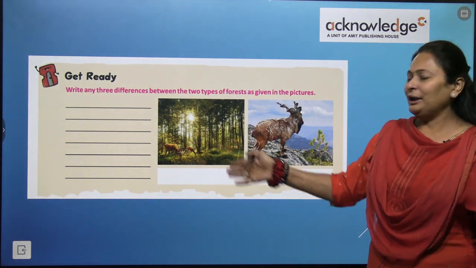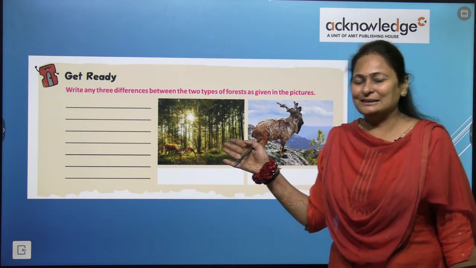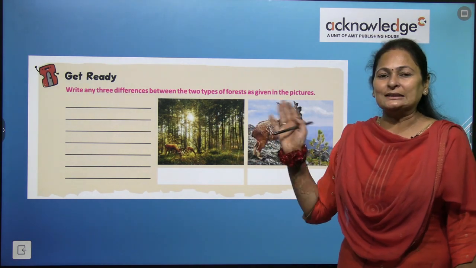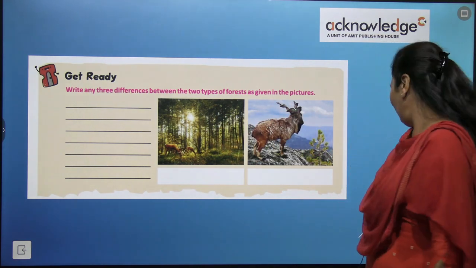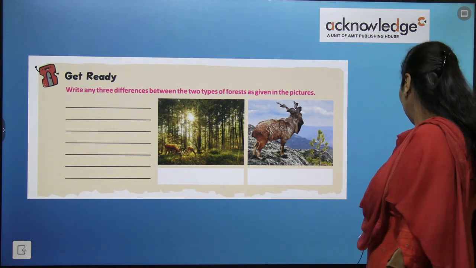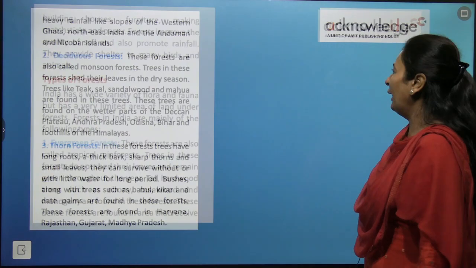Ebony, rosewood and mahogany are some examples. And the other name of this type of forest is tropical forest, right?